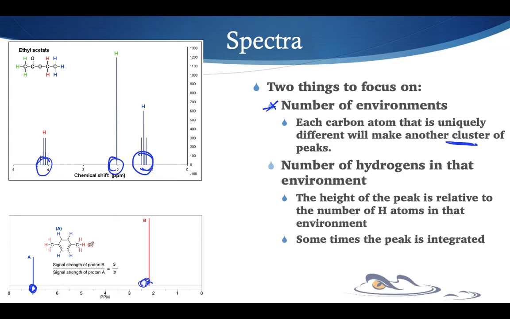And while that is correct, if things look very symmetrical, or the carbons that are attached here are the same, if they're attached to the same other things, then they will appear the same. They will cause the same shift with their protons.